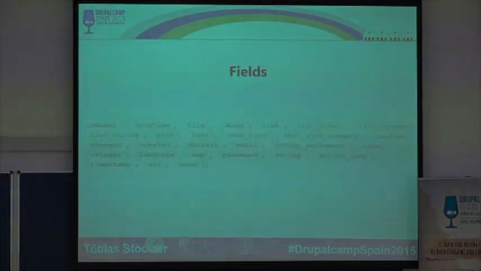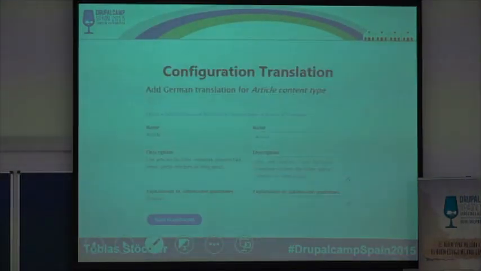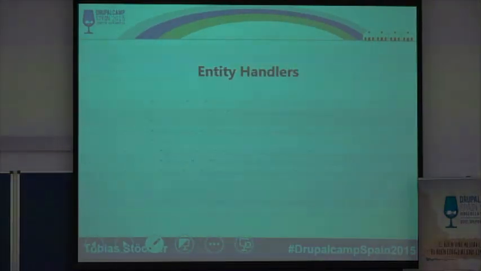Let me go back to the handlers. All these different handlers that we have in core. As you can see, forms can be generically done for entities. Even routes can be provided generically. Access handling is generic. Views integration is generic. So all these things the entity system does for you out of the box.